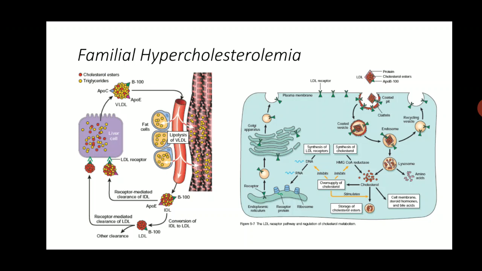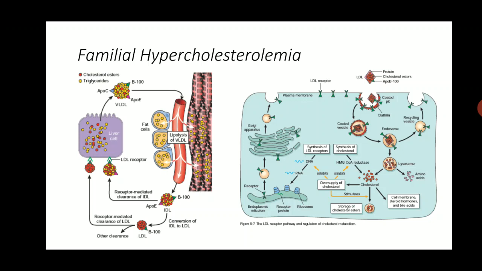The VLDL consists of apoprotein C and E, B100, in addition to cholesterol and triglyceride. This moves in the circulation, and in the peripheral fat it is utilized and stored. In the muscle also it is utilized, and then it is converted to intermediate density lipoprotein and low density lipoprotein, both of which are again taken up by the liver.